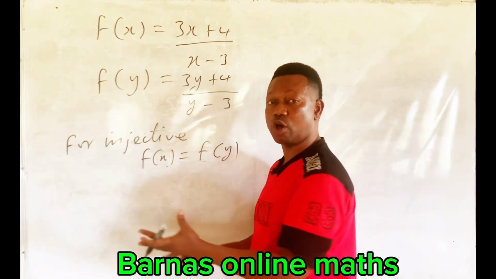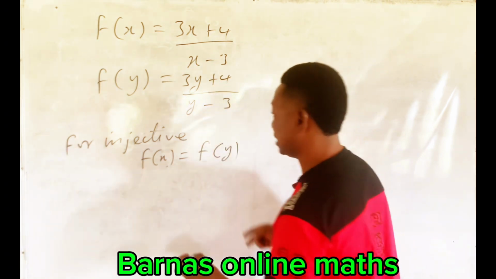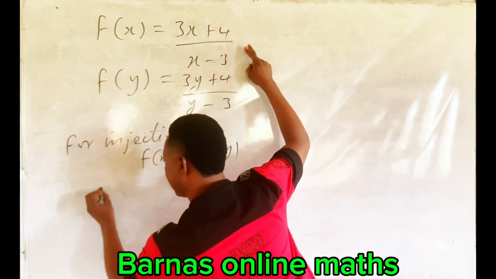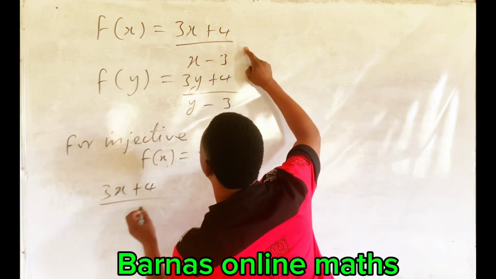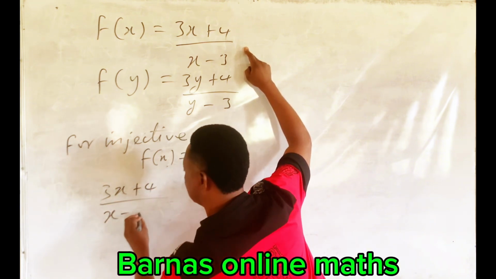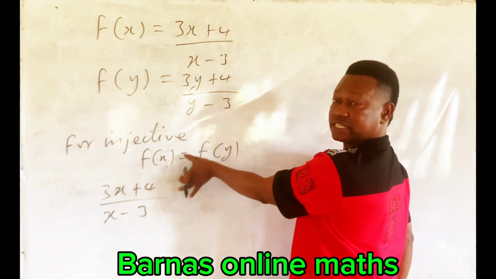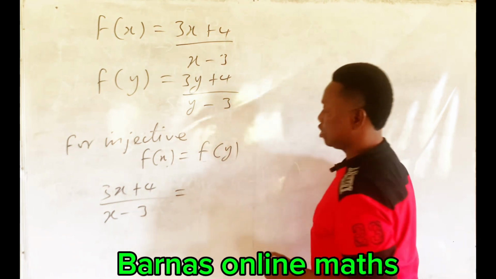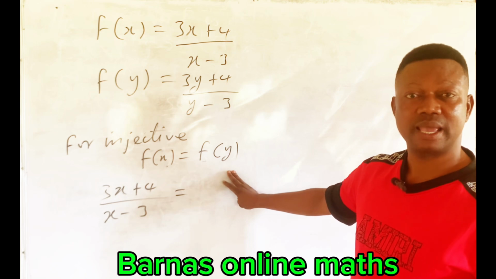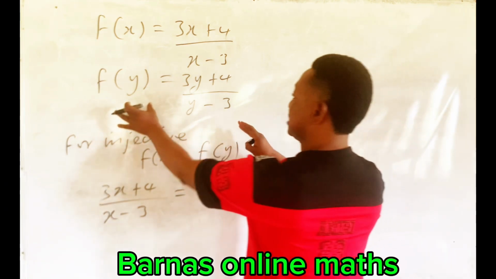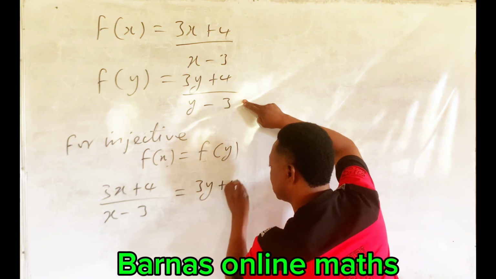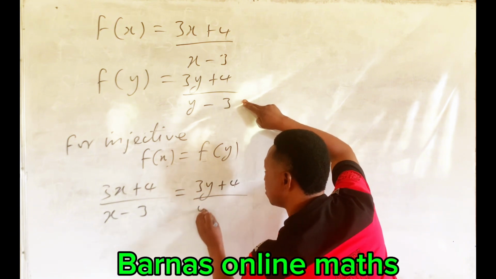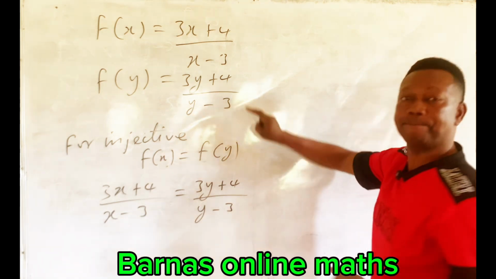F of x has already been given, which is 3x plus 4 all upon x minus 3. This is equal to f of y. Do we have f of y? Yes, f of y is 3y plus 4 all upon y minus 3.